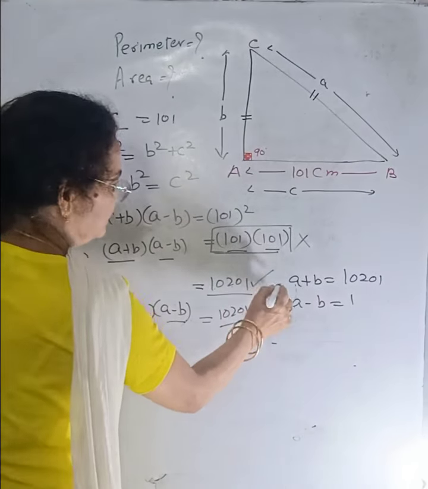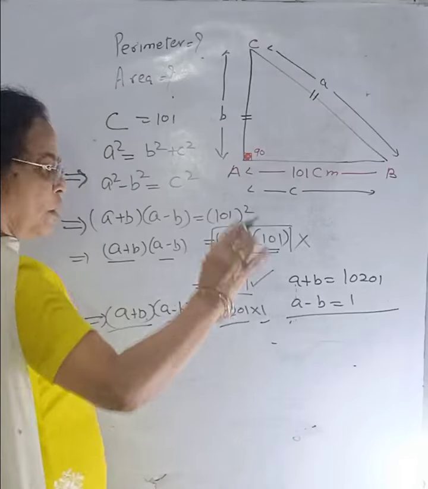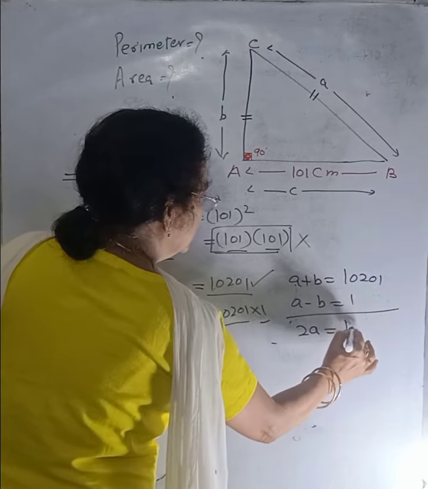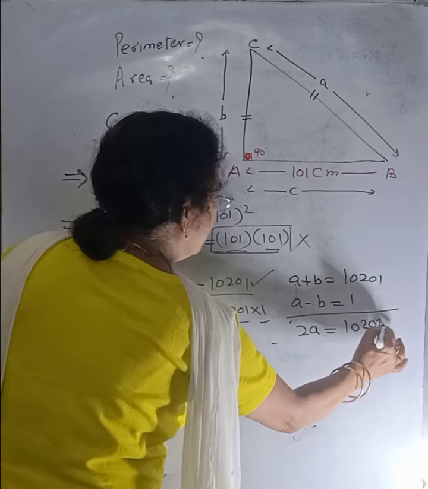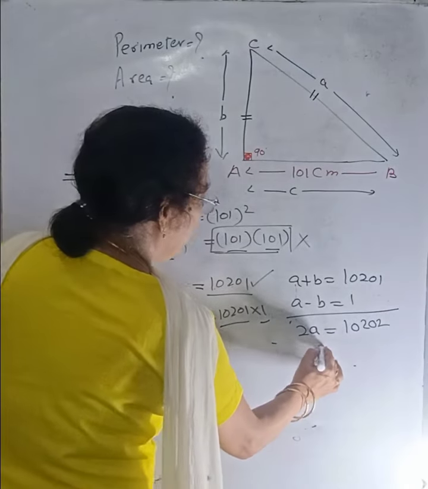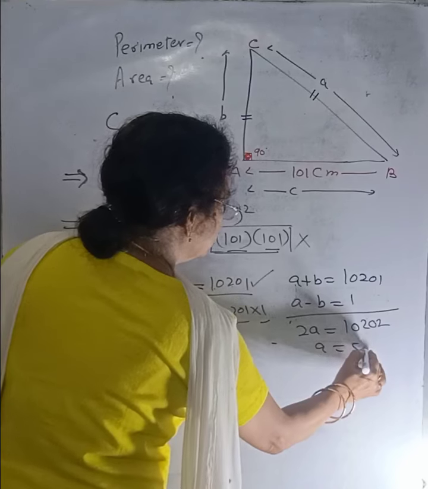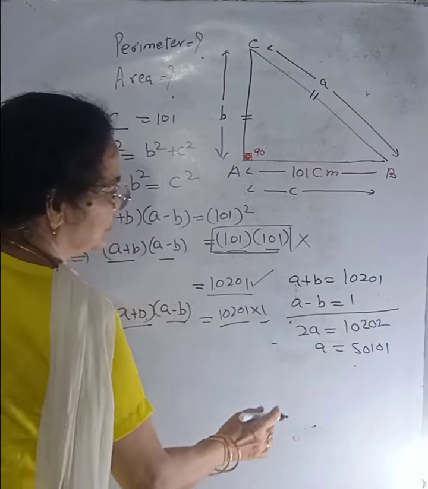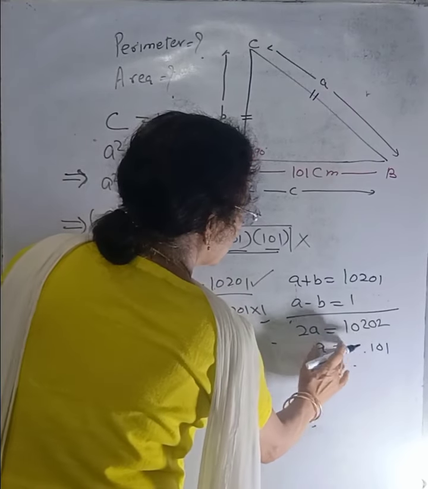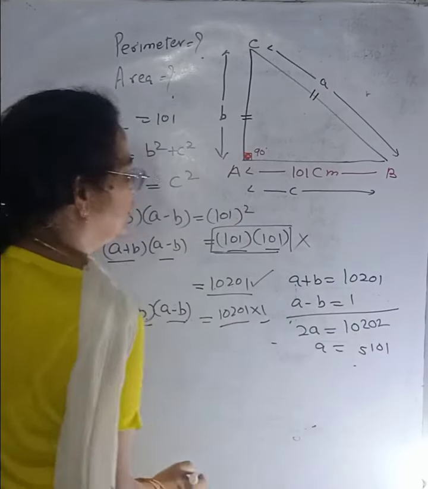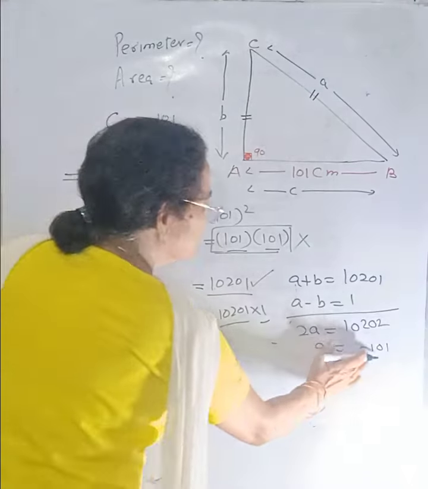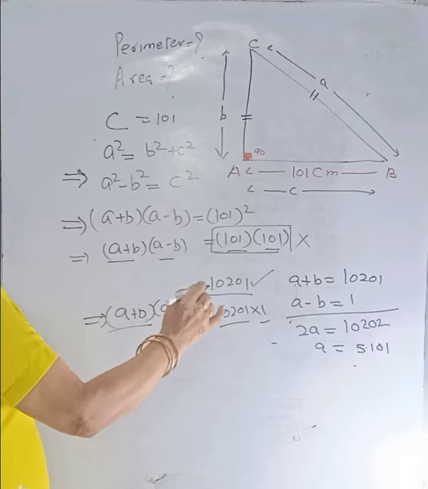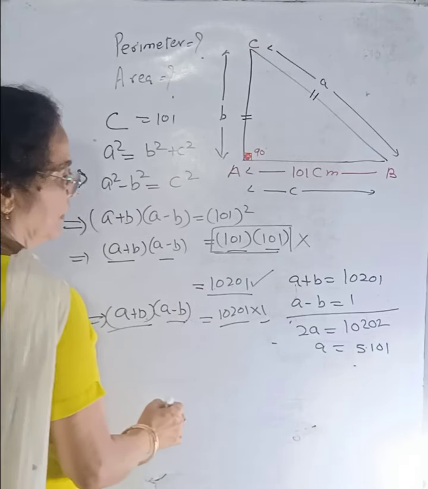For this solution, we'll get these two equations. Now we add, then 2A will be equal to 10,202. It means A will be equal to 5,101. The value of A is 5,101.